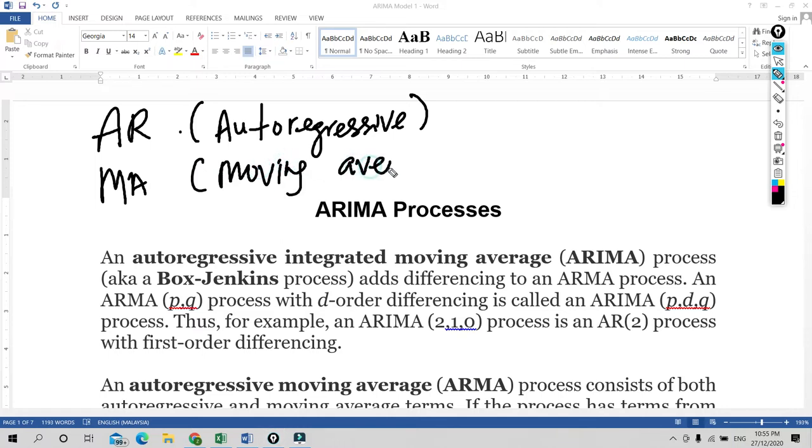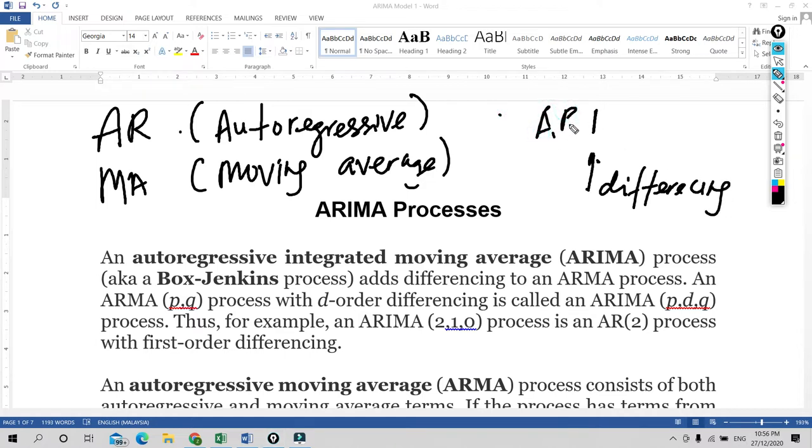But for the ARIMA process, we integrate I here. I refers to differencing. So the model becomes ARIMA. This model is also known as the Box-Jenkins process or Box-Jenkins model.